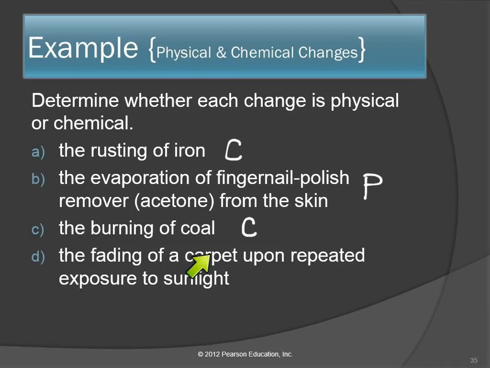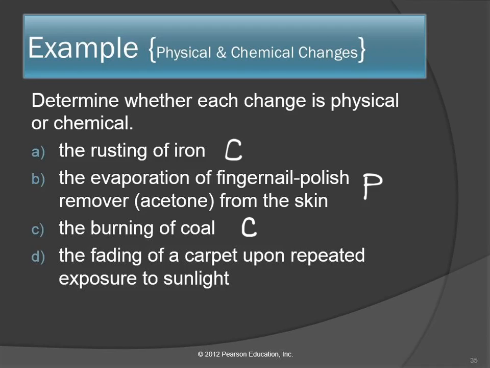The fading of a carpet upon repeated exposure to sunlight. So there's some dissension there. What was one of the other evidences of a chemical reaction? It had to do with color. A permanent color change is evidence of a chemical change.